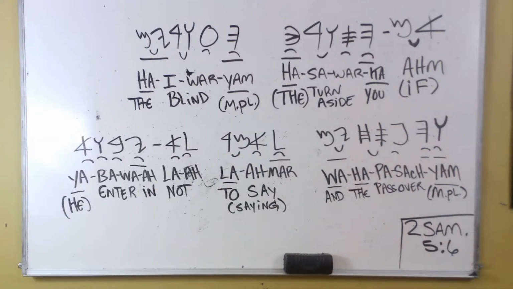All right. If ha savorka, turn aside you, right? The does in parentheses because in our language it has to match. Ha I warrior, blind or the blind. All right. Waha pasak, waha pasakim, and the Passover, la amar, to say, la not, ya bawa'a, not he enter in or not enter in.